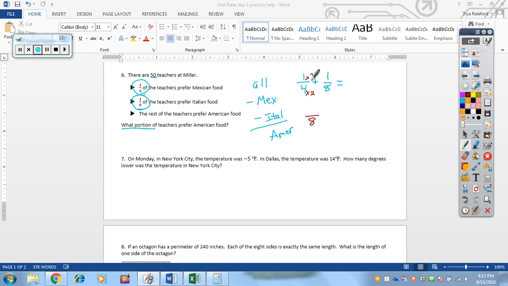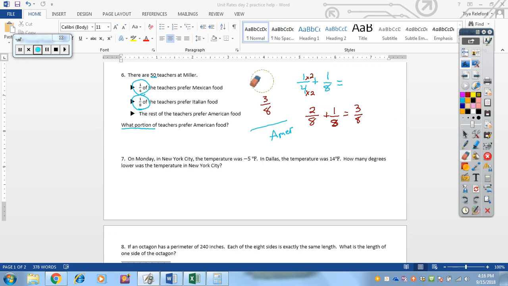And 1 times 2 is 2. And then I don't have to change the second one. Oops. So together, three eighths of the teachers like Mexican and Italian.